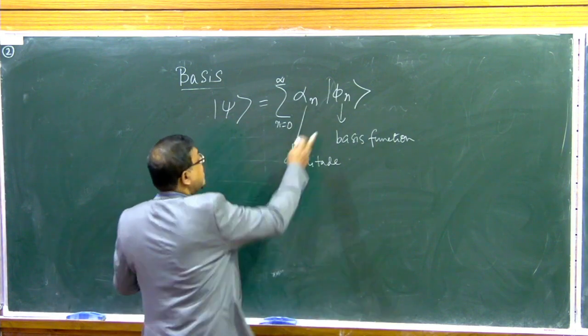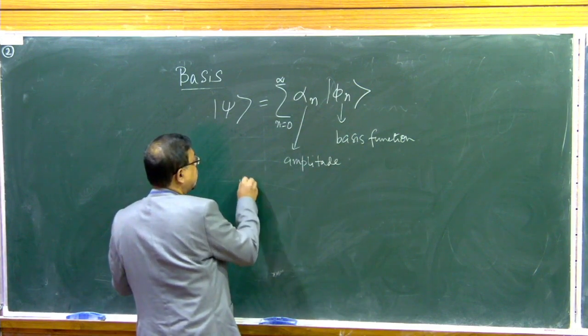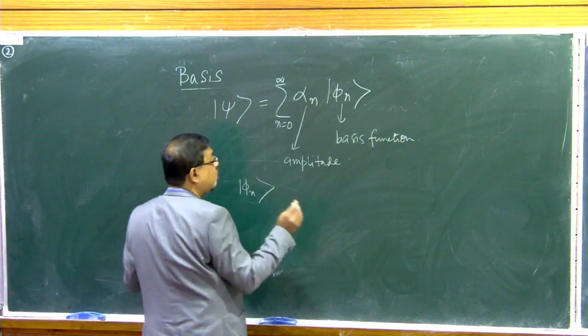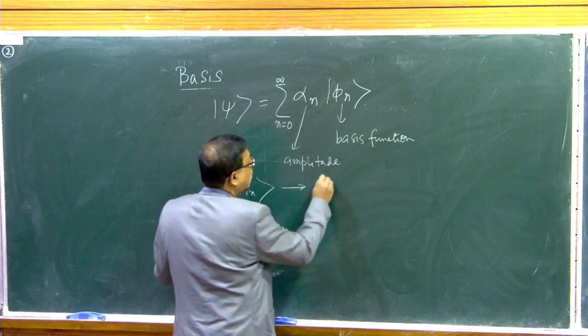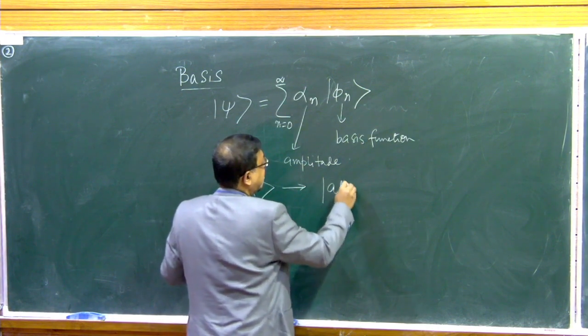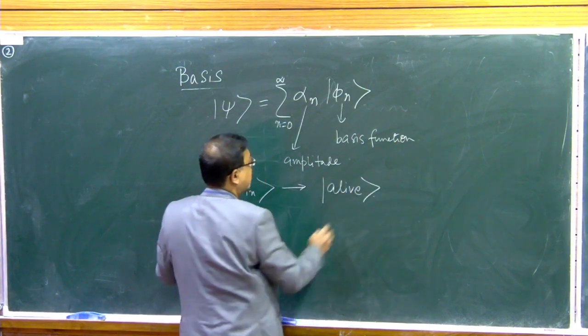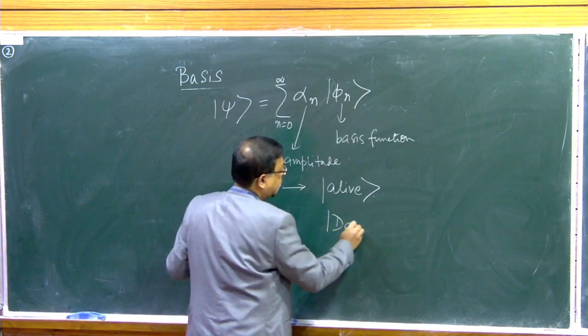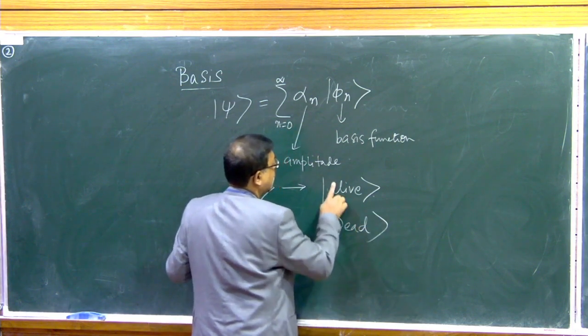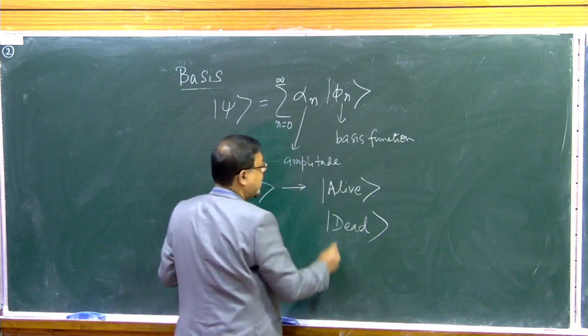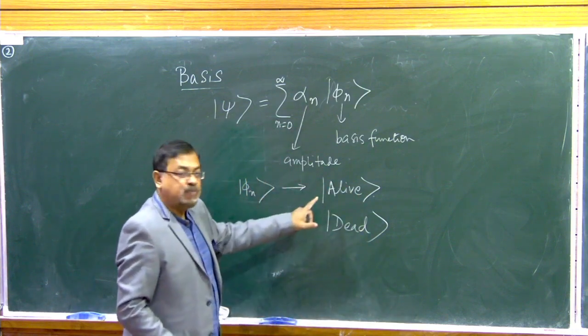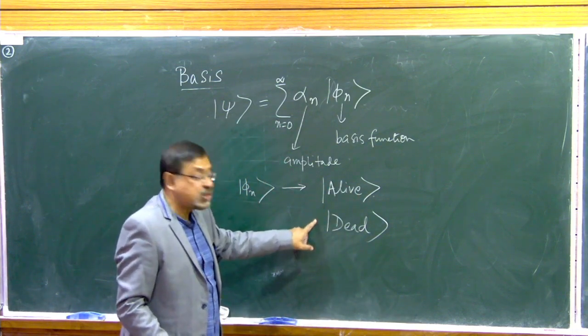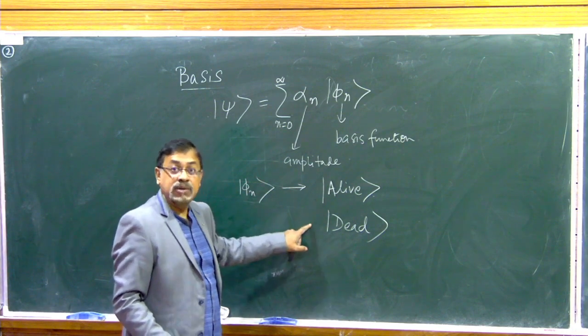So each one of the phi n's, there are two phi n's in that problem. One is alive, let's write it as a ket, and also dead. Okay, so these are the two possible states of the system, and that formed the basis.